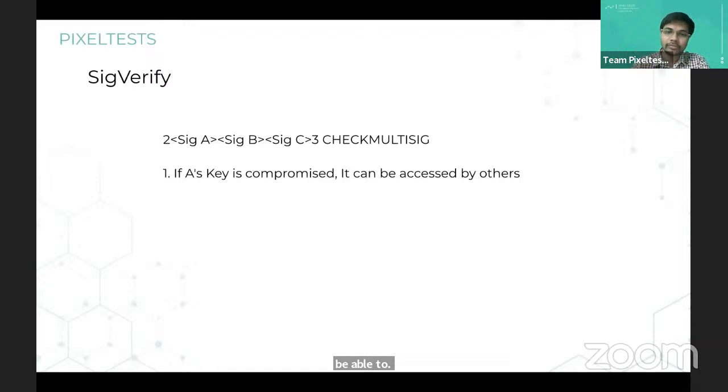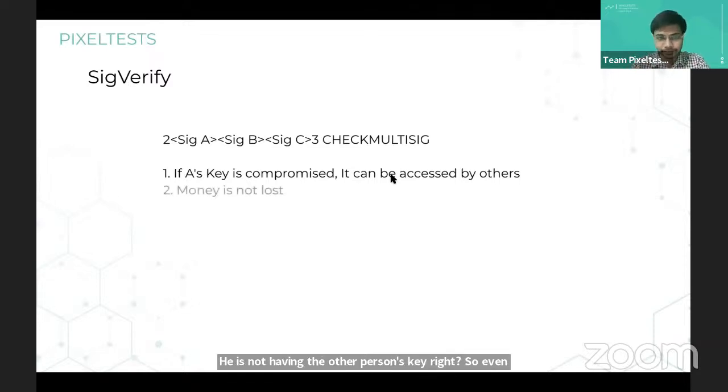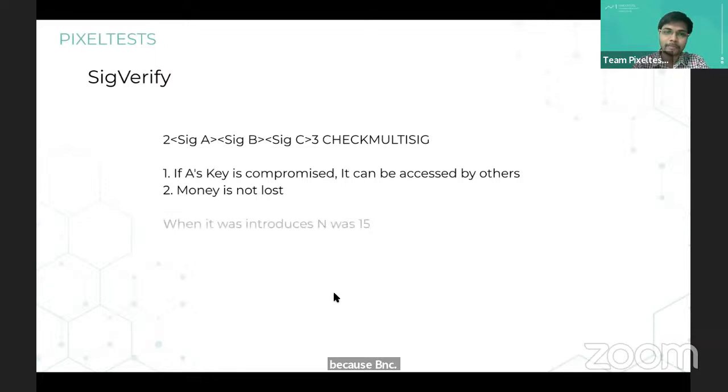He does not have the other person's key, right? So even then the money is not lost. For example, if A is no more, B and C can still access. The money is not lost, because B and C are still available or alive in this example.